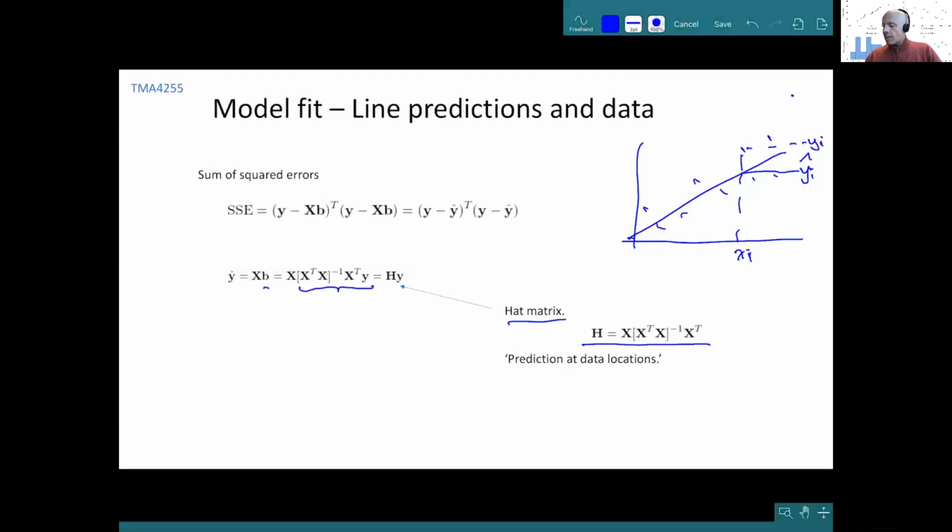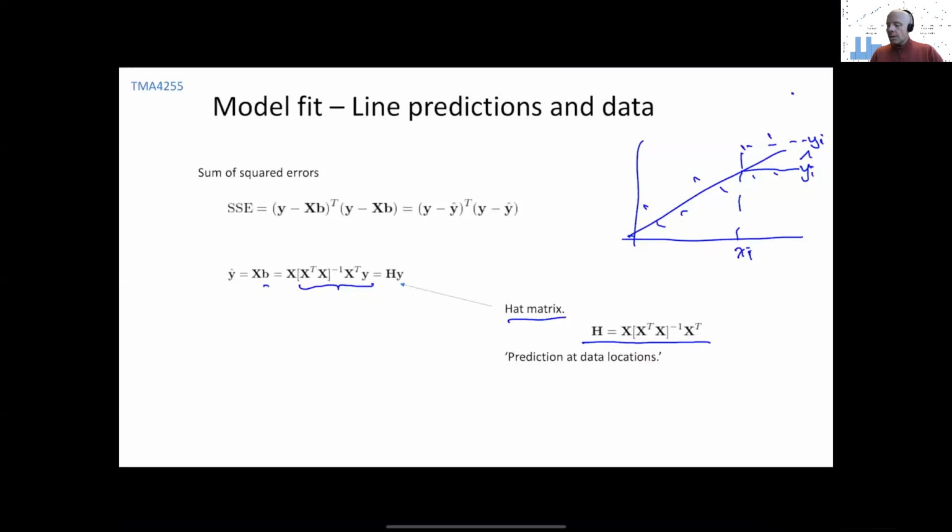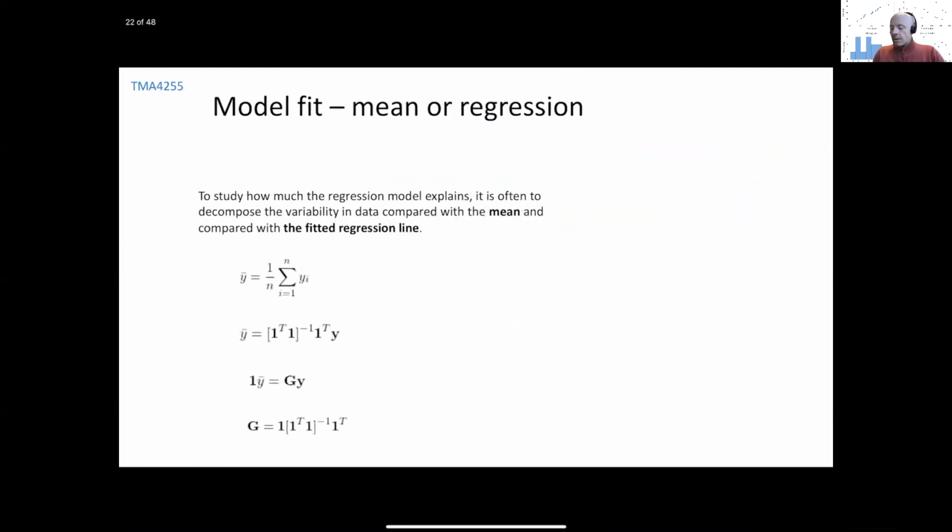This hat matrix has certain properties that are appreciated much in mathematical statistics, and we won't go into the details of this, but it's important for us to look at the difference between this hat matrix that's using the covariates and the model that would just take the mean. Because that's the alternative here. This is doing the same thing.